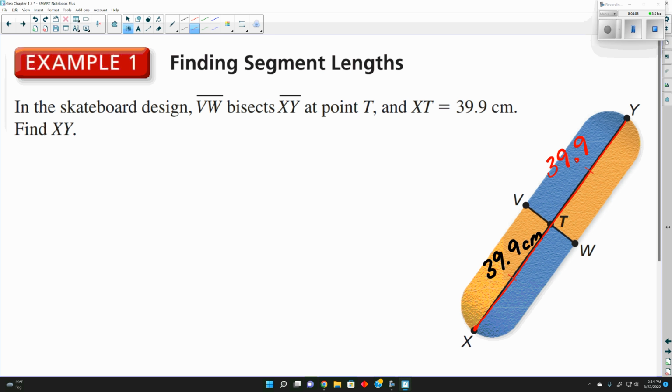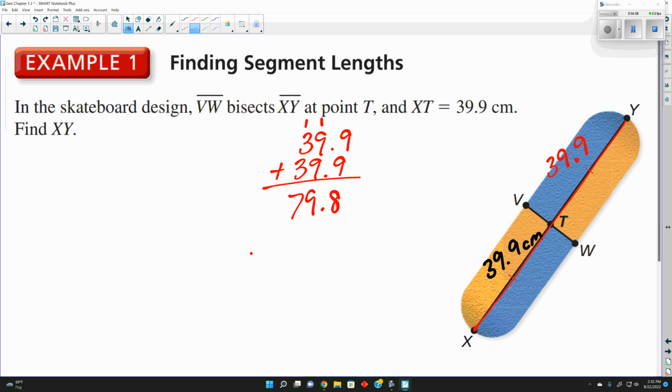Because we know these two lengths are the same, to find the total, we can add these two lengths together because they add together to give us the whole. 9 plus 9 is 8, carry the 1. 9 and 1 is 10, plus 9 is 19. 3, 4, 5, 6, 7.